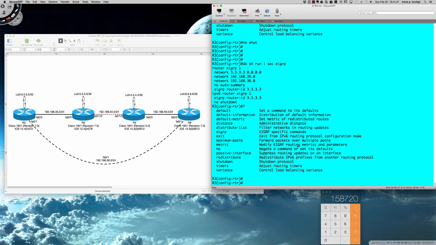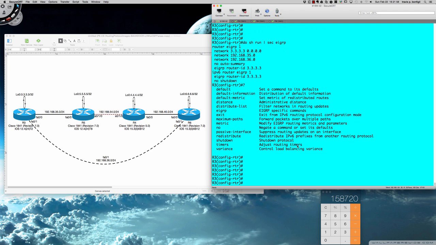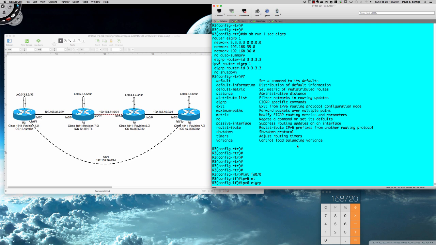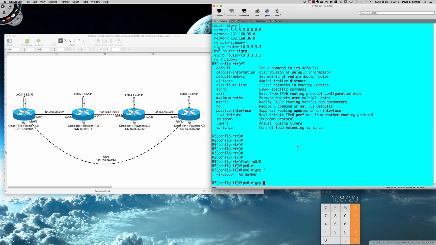And that's because EIGRP for IPv6 does not have the network command. So what we have to do is go under the actual interfaces to do that configuration. And it's actually very straightforward. It's not too complicated. So I'm going to say interface FA0/0, and it's literally ipv6 eigrp, and then what's my autonomous system number?